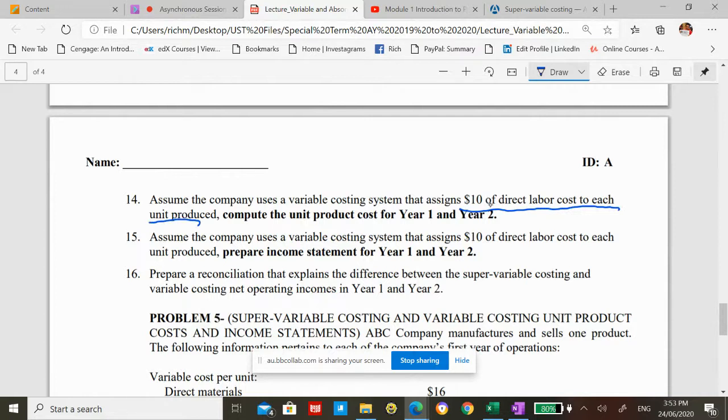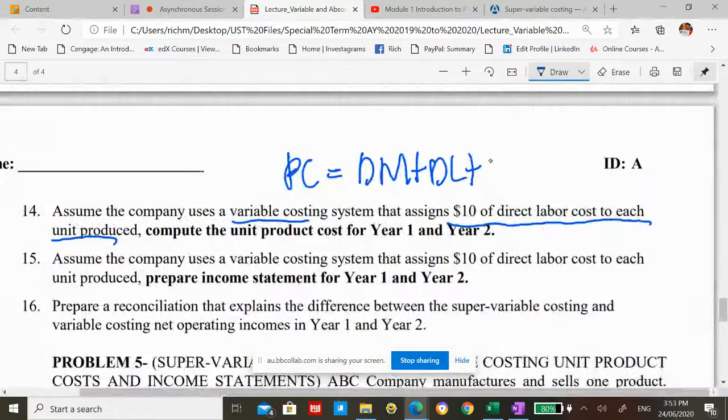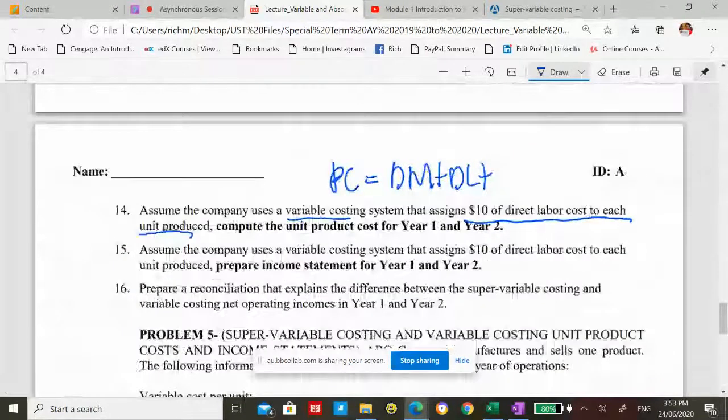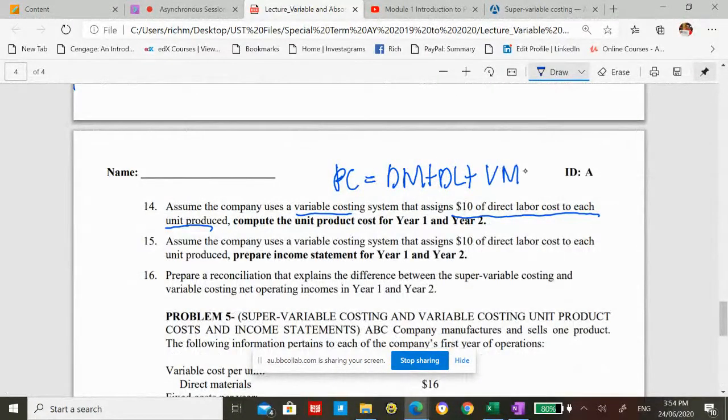So this time, the direct labor cost is not anymore a fixed cost, because this is the regular or the normal variable costing system, wherein the cost of our inventory or the product cost will be your direct materials plus direct labor plus the variable manufacturing overhead. So this is for the regular variable costing system.